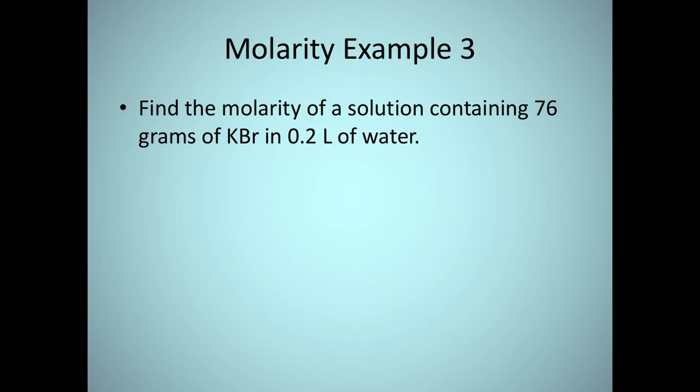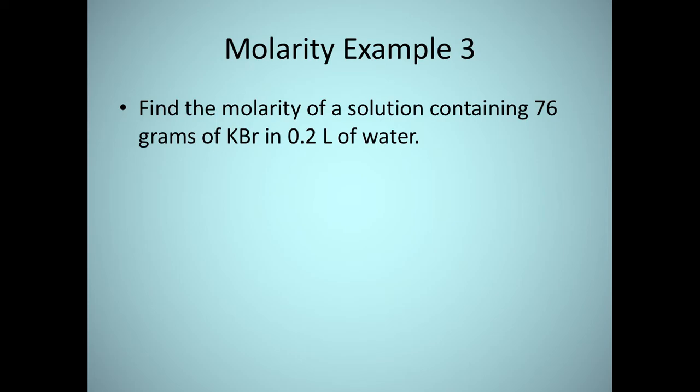Okay, here is a third example. Here we're going to find the molarity of a solution containing 76 grams of KBr, potassium bromide, in 0.2 liters of water. So we have to find the molarity, we have to find the concentration. So we know that molarity equals moles divided by volume.